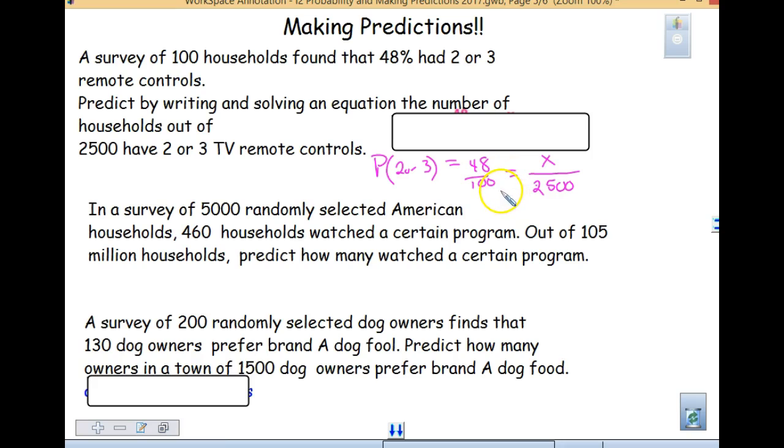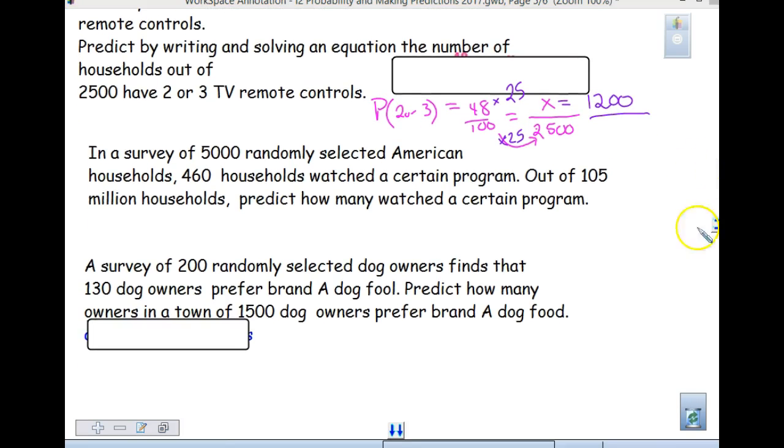Now we have a couple options. To me, the easiest one at this point is I'm looking at what do I take times 100 to get 2,500. And if I'm looking at that, I'm going to take 100 times 25, right? That gives me 2,500. So on my calculator, I'm going to take 48 times 25, and x should be equal in this case to 1,200.